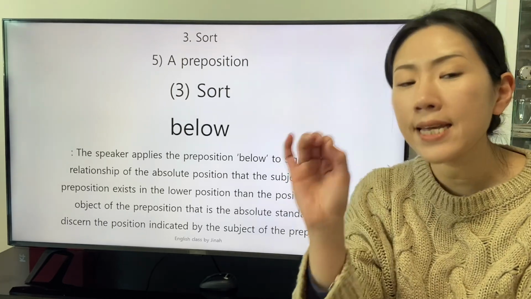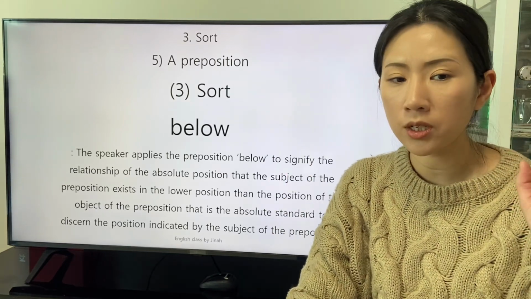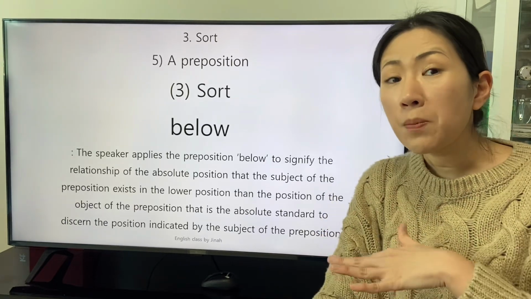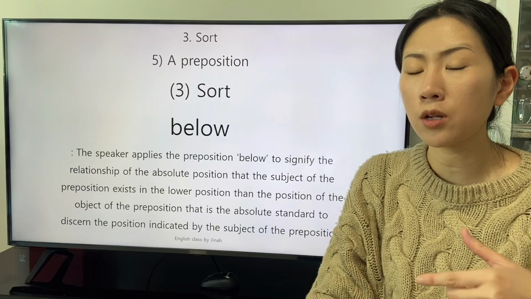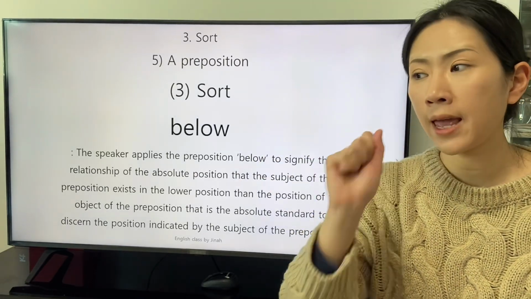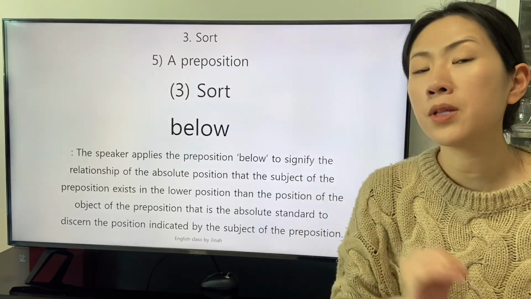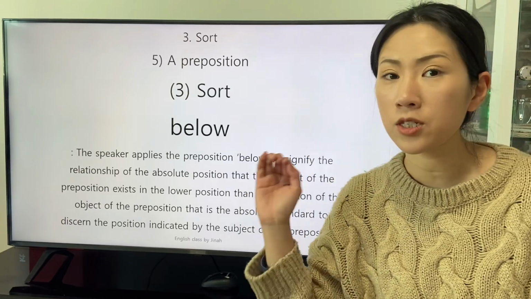That is, the absolute standard to discern the position indicated by the subject of the preposition. The preposition below is paired with the preposition above. The prepositions above and below share the similarity that the object of the preposition is the absolute standard.